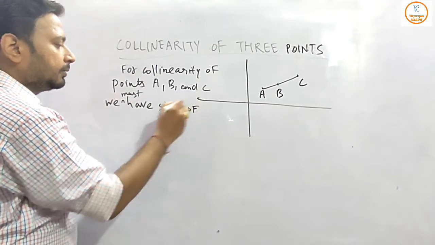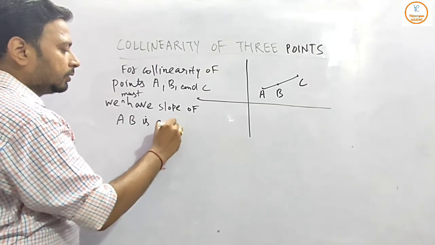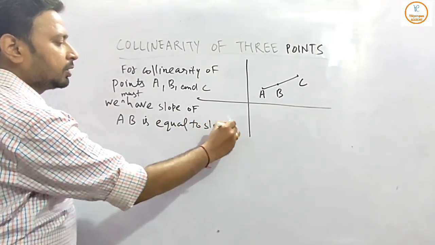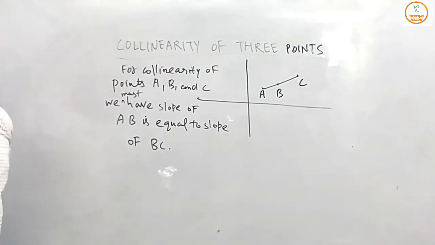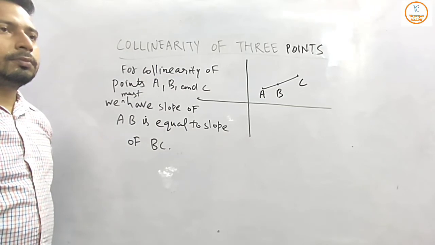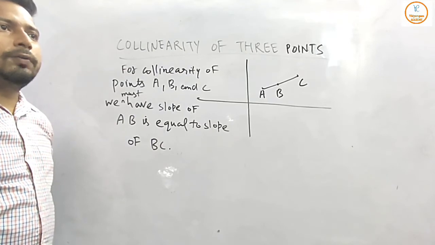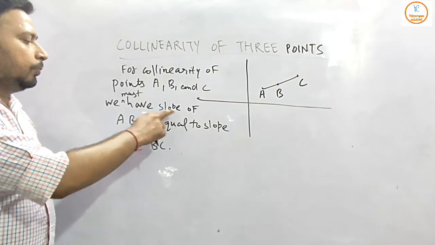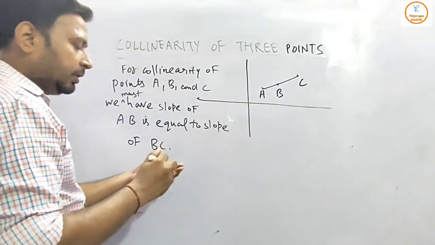slope of AB is equal to slope of BC. Okay, write it down. For collinearity of points A, B and C, we must have slope of AB equal to slope of BC.